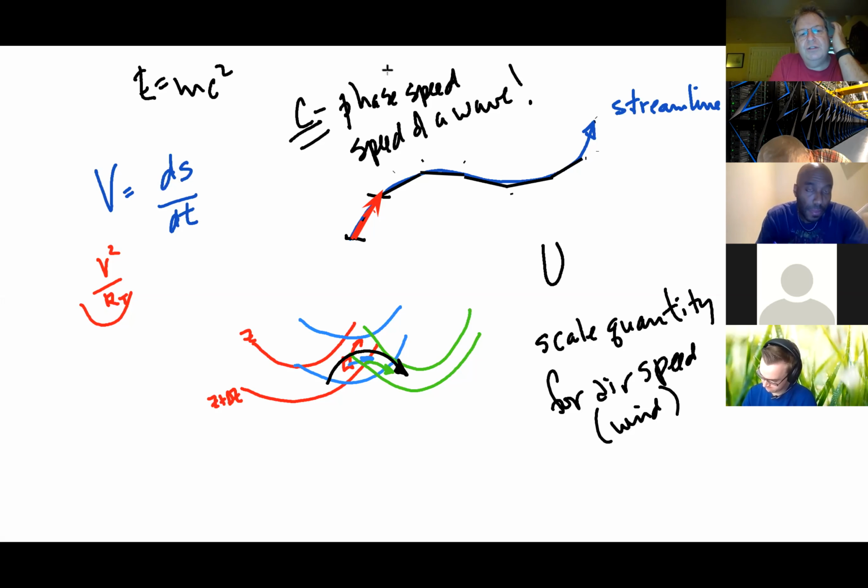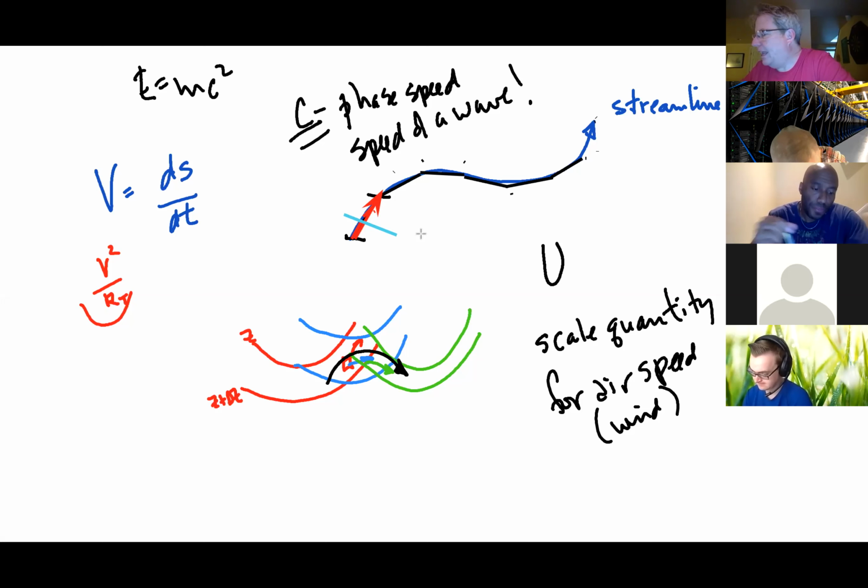But I'm also going to use in here a line that is going to be perpendicular to the streamline, and we're going to call that n. So now we go back to page 271. And we're going to say that n is a direction to the right of a streamline.